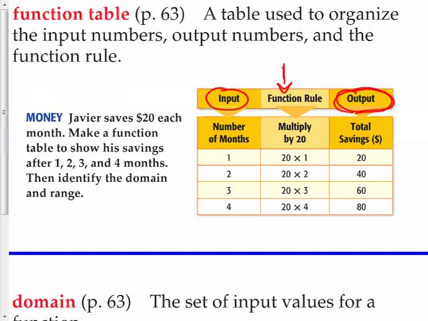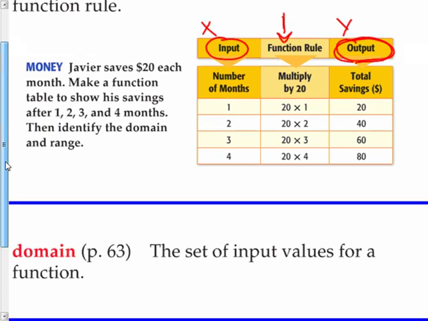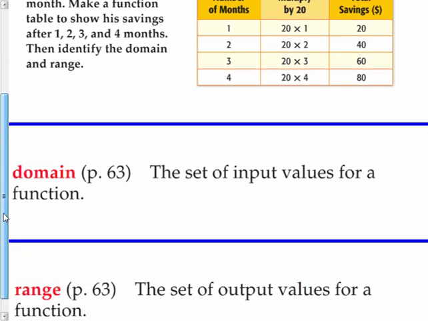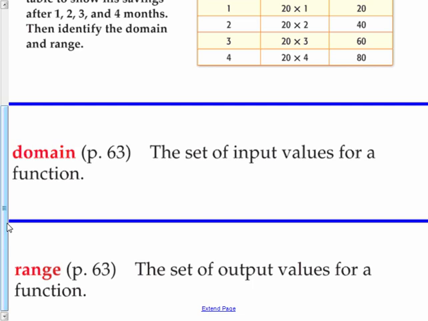Now, on your table, eventually we will graph them. We'll call the inputs our x values and our outputs our y values. We'll need that when we get ready to graph later on. For now, what you need to know is that your inputs are your domain and your outputs are your range.